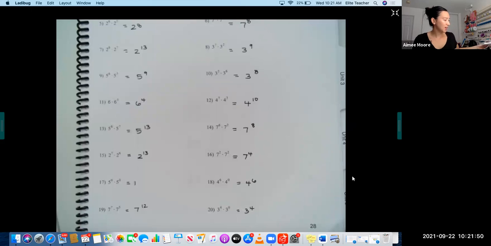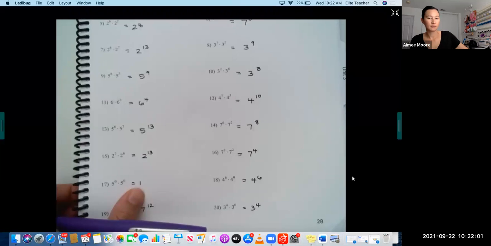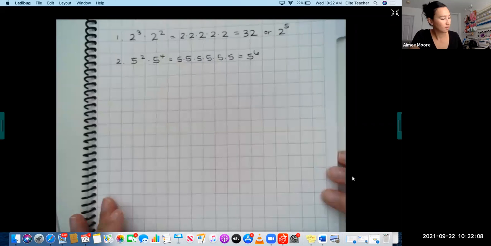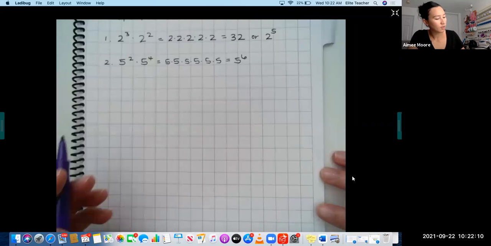Let's go ahead and talk about dividing exponents then. So we'll go back to our notes. I'm going to draw a little squiggly.